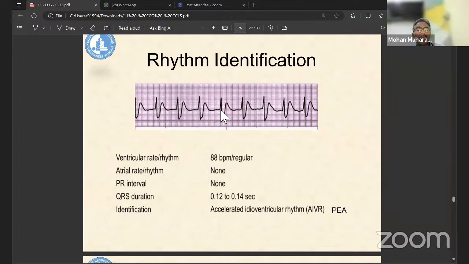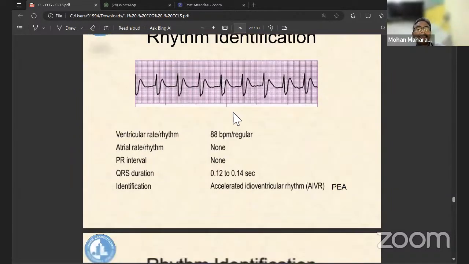QRS 0.12 to 0.14, as you saw with the red calipers we measured, shown in about the 14th slide. So it is accelerated idioventricular rhythm. We told you the rate is more than 100, so it is only the rate. Otherwise it is the same, bizarre QRS with increased size and no P wave.